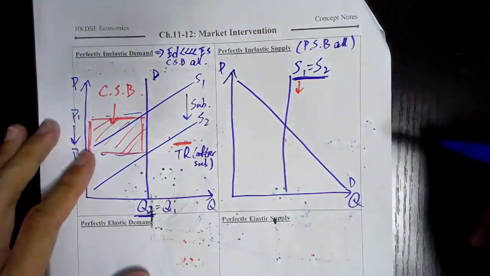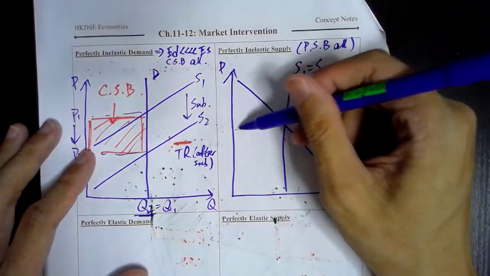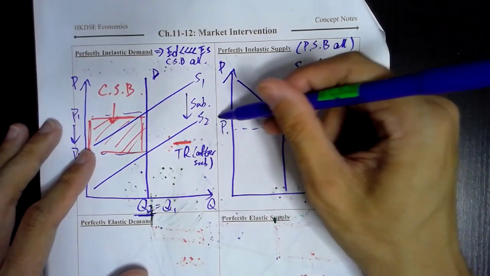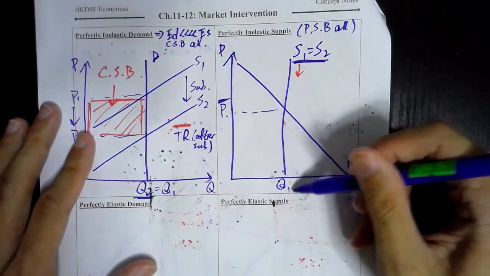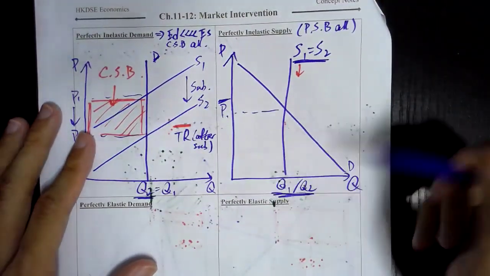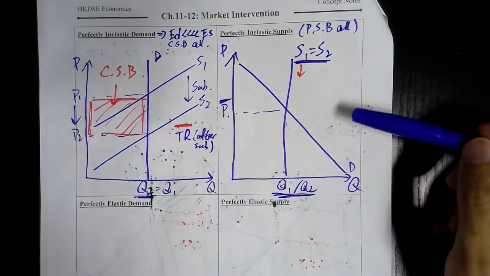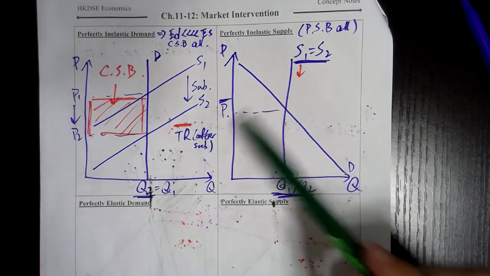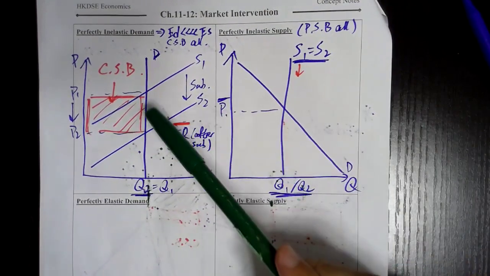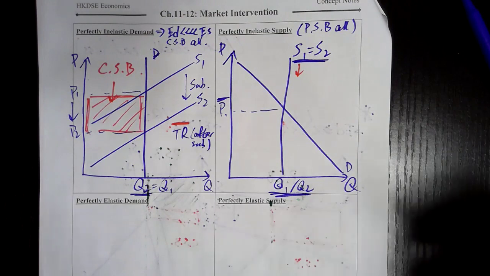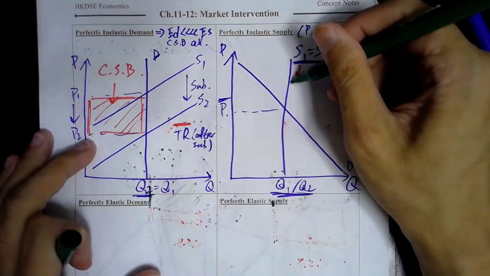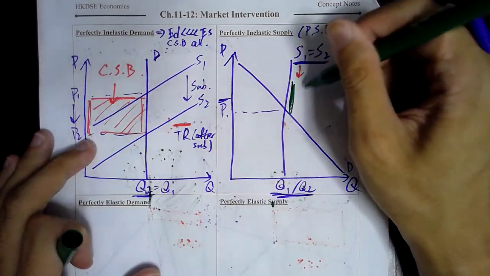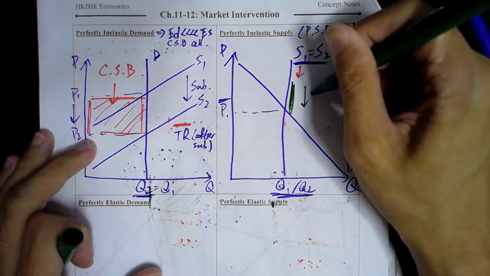They are the same curve, technically speaking. If there is no shift, then P1 would remain unchanged, and Q1 and Q2 would also remain unchanged. Okay, so what happens? In fact, the price doesn't change. So would there be any consumer subsidy benefit? No. Then for the whole subsidy here, maybe this is the subsidy.